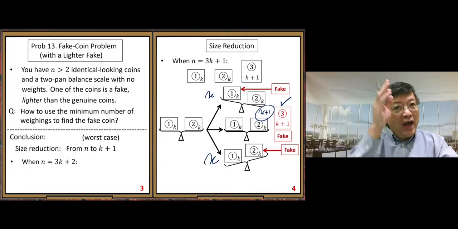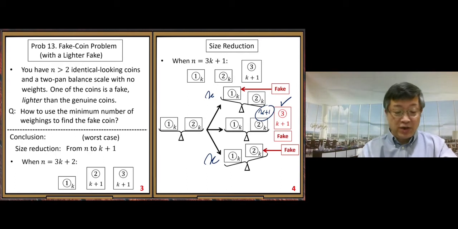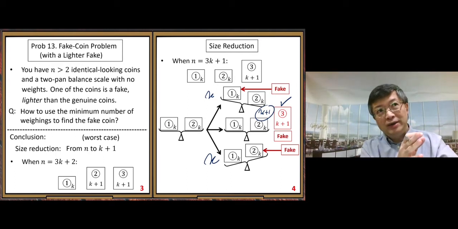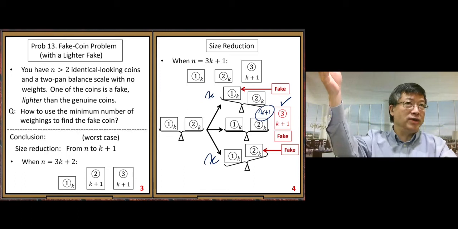When n equals 3k plus 2, can we do this in a similar way? Yes, but our distribution is like this. Pile 1 has k coins. The remaining 2 piles have k plus 1 coins each.